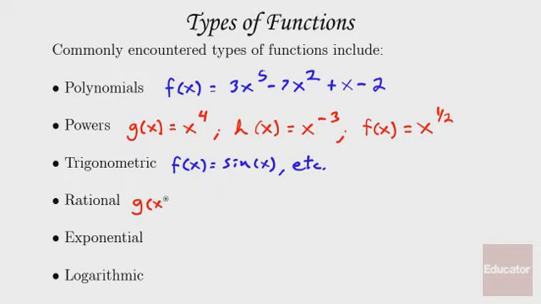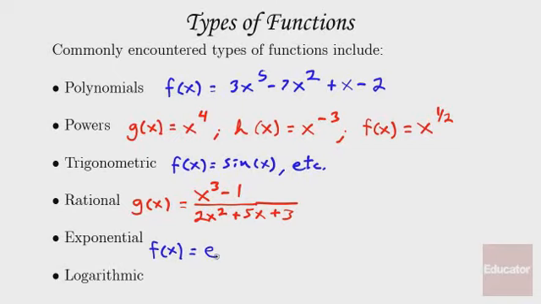An example of a rational function would be something like g of x equals x cubed minus 1 over 2x squared plus 5x plus 3. It's just a ratio of two polynomials. And then exponential functions, of course, would be built up from exponentials. So things like f of x equals e to the 2x, or h of x equals 3 to the opposite of x, things like that.